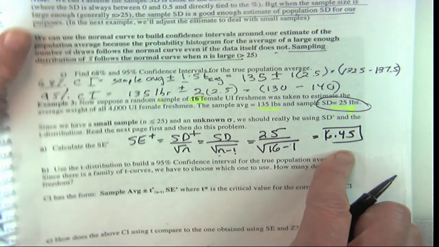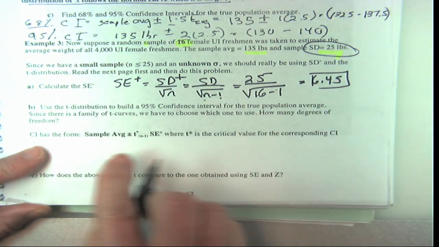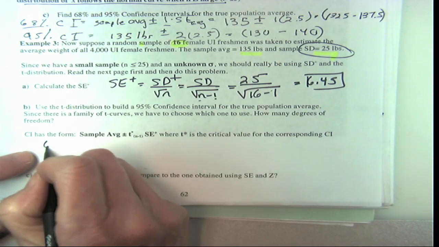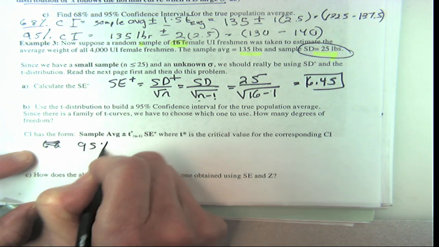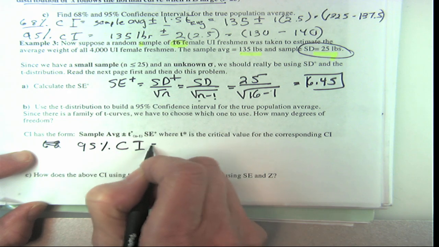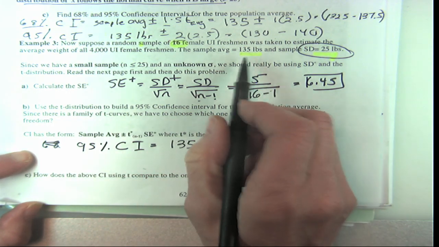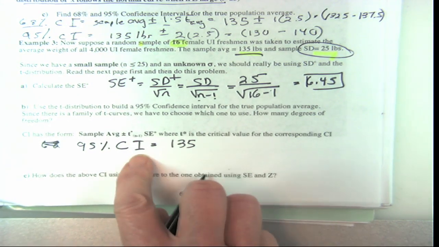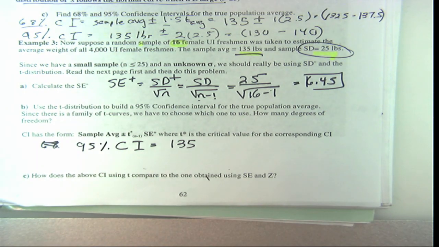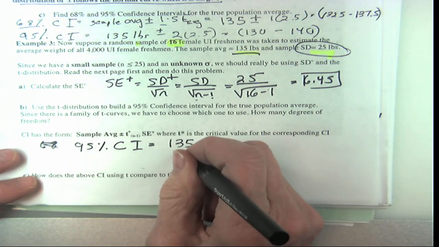Okay, we've got that. Now we're going to use the t distribution to build these confidence intervals. All right, so let's do a 95% confidence interval. A 95% confidence interval is still going to be our sample average, 135, a 95% confidence interval for the true weight of all the 4,000 girls.